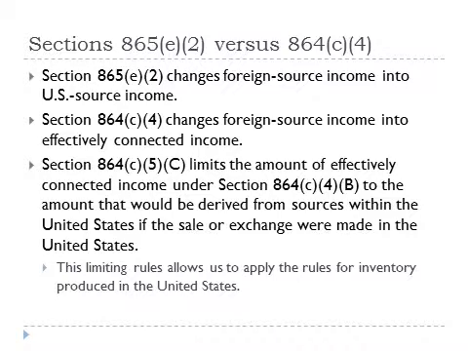This limiting rule allows us to use the sourcing rules for produced inventory when applying Section 864C4B. Under these rules, for example, no more than 50% of foreign sales of produced inventory would be considered effectively connected where that property is produced in a foreign country and sold in a foreign country from a U.S. fixed place of business.